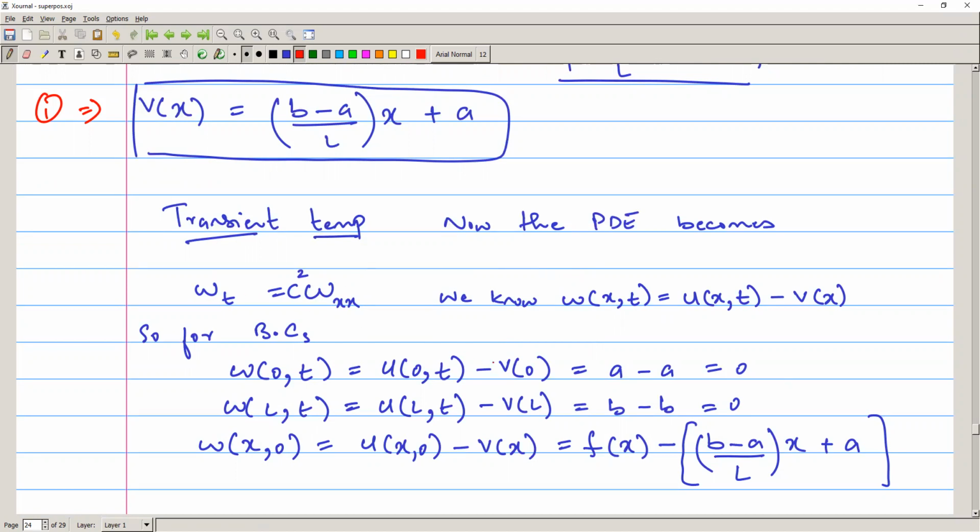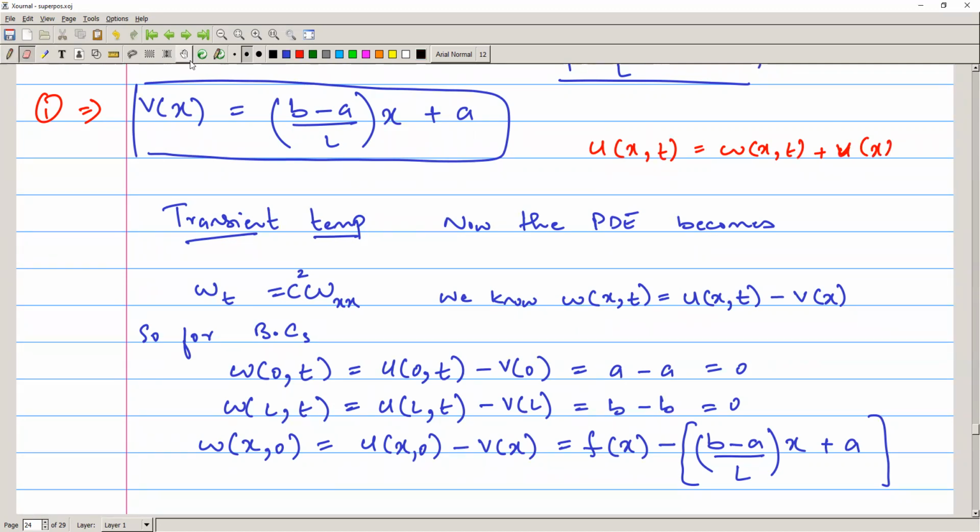homogeneous with homogeneous boundary conditions, right? Because we already separated the solution into two parts: a steady state temperature and a transient state, right? So now the transient state will be w_t is equal to c squared w_xx, because we already said that u of x,t will be governed by the sum of the transient and steady state temperature, that is w of x,t plus v of x.